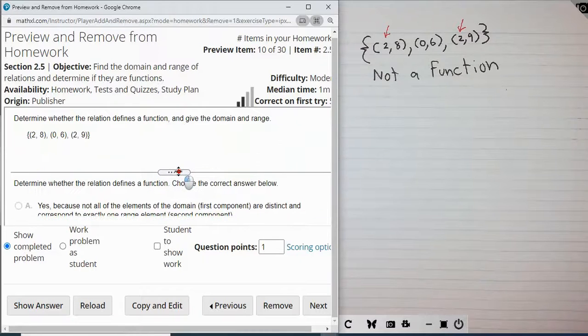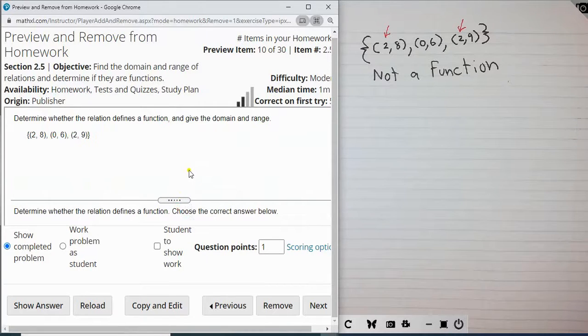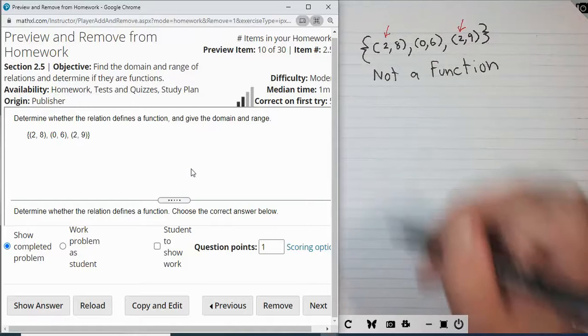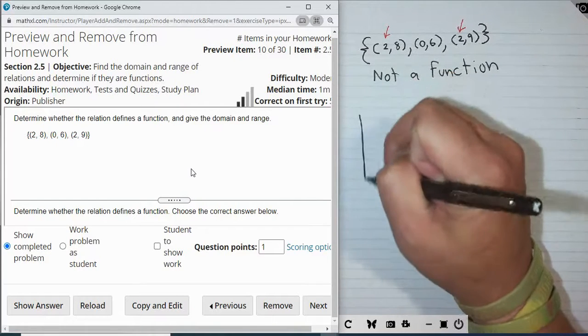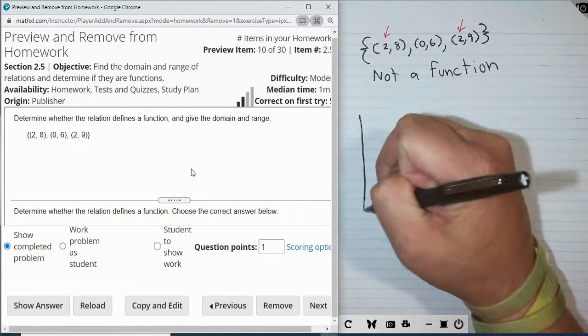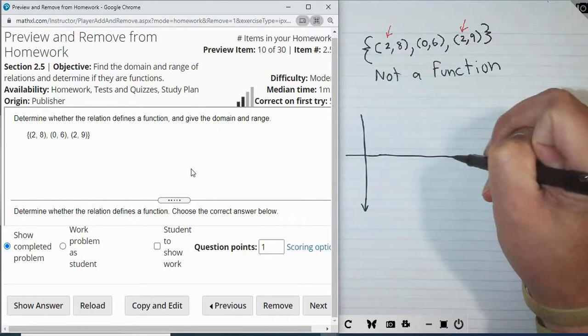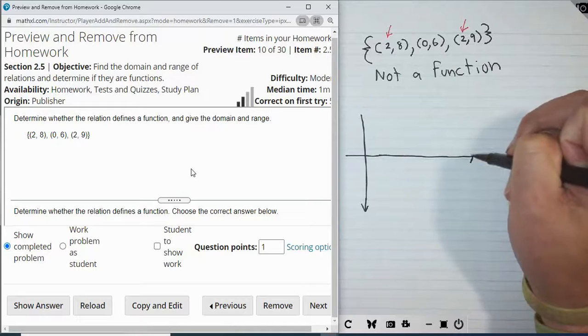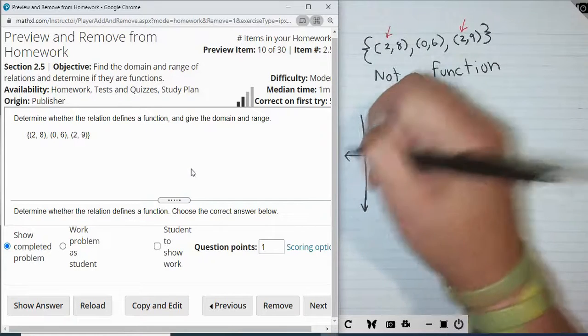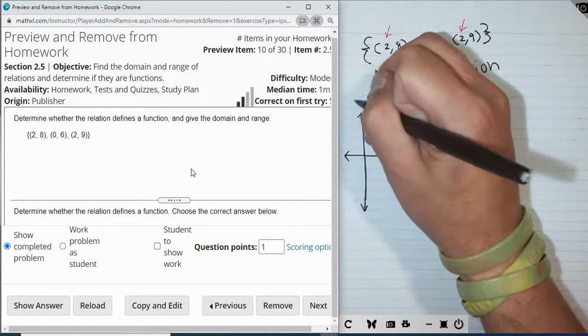Okay. Let's go back to something here. I want to show you one other thing in this example, because it draws on the knowledge we talked about during the semester. Let's draw a very rudimentary x, y plane, or the Cartesian coordinate system.